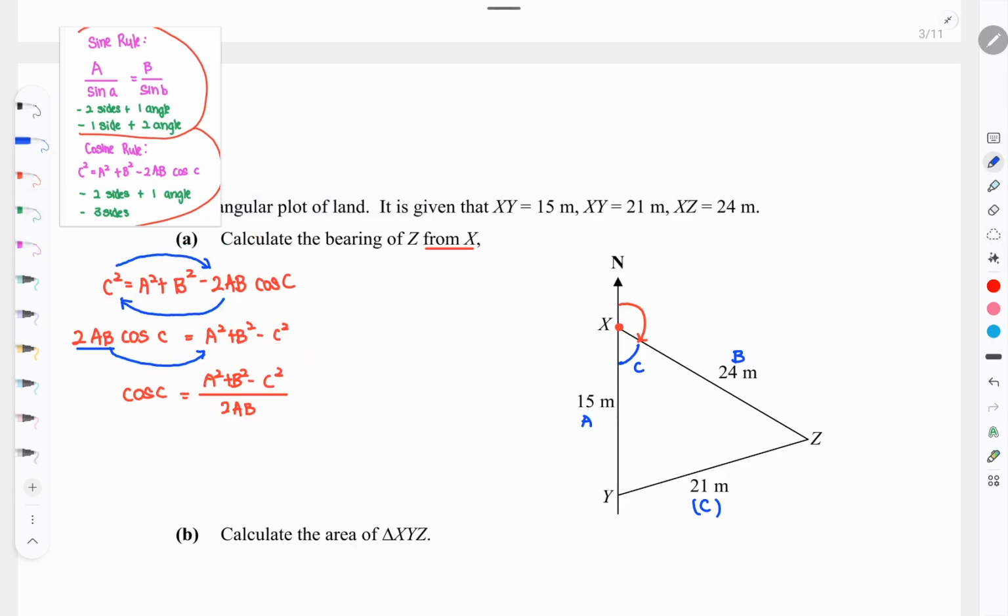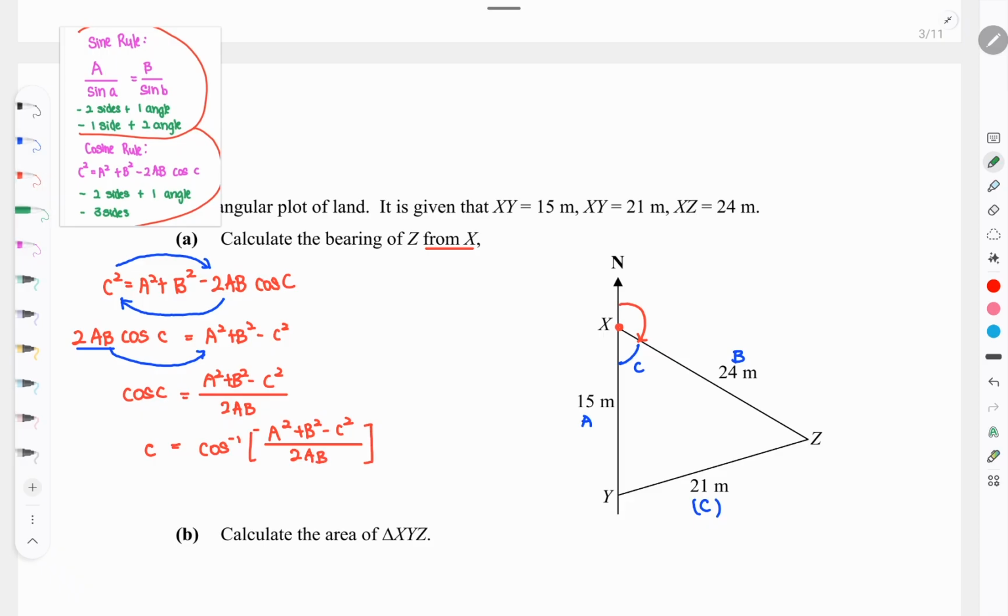Okay, lastly, I am looking for angle C. So C will be equal to cosine inverse. So I'm bringing my cosine to the other side. What I will have is cosine inverse of a square plus b square minus c square over 2ab.